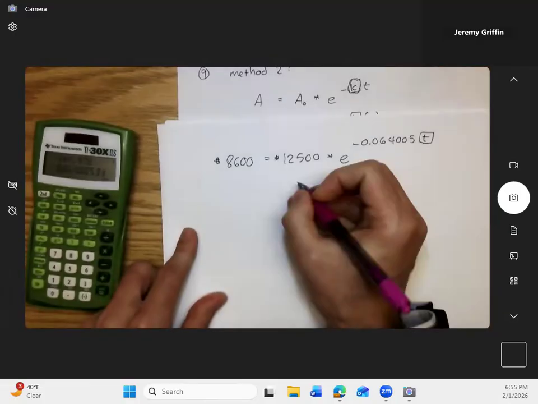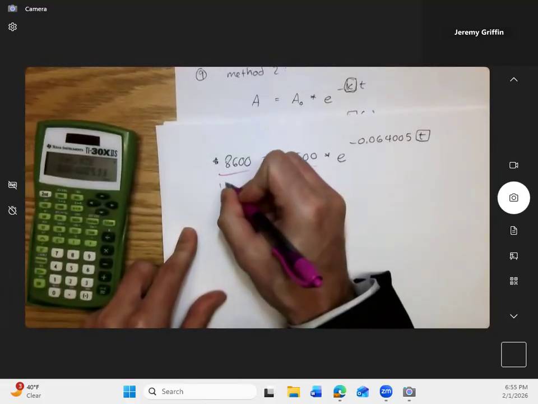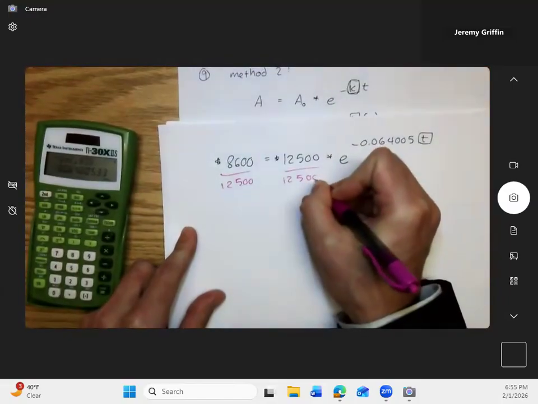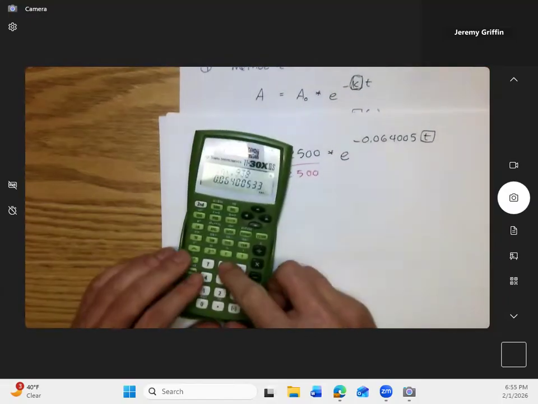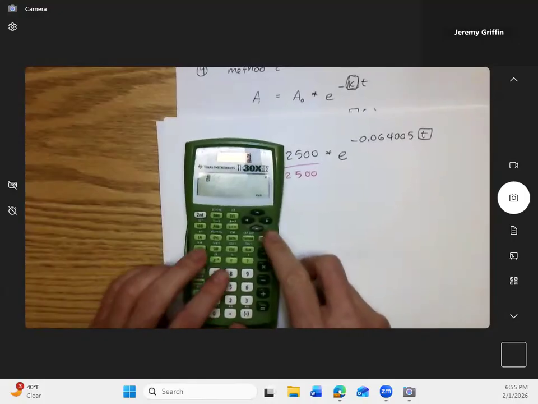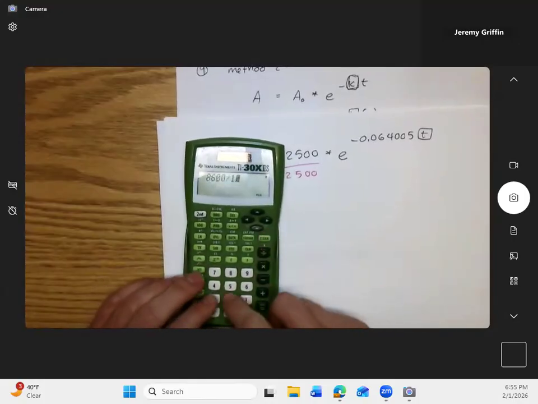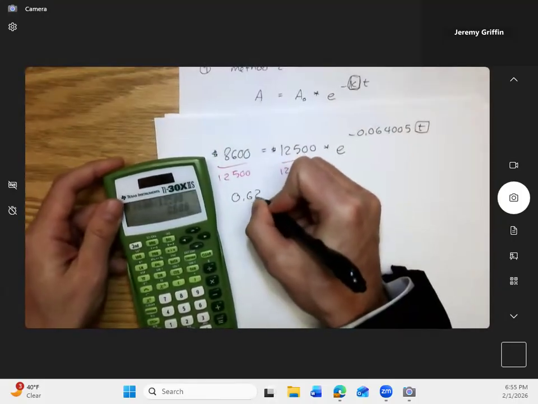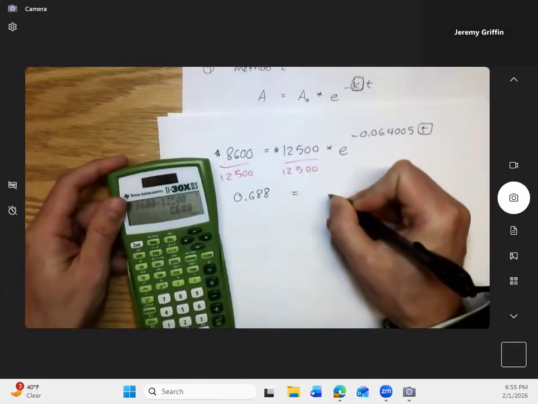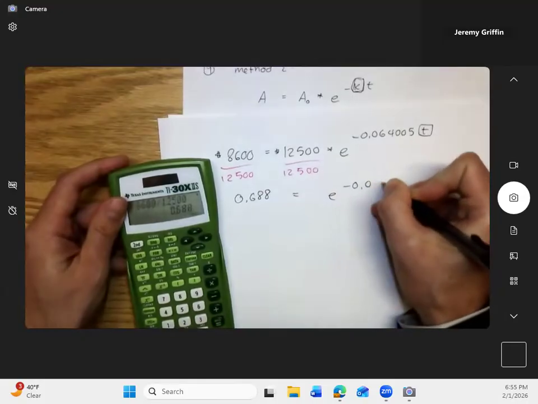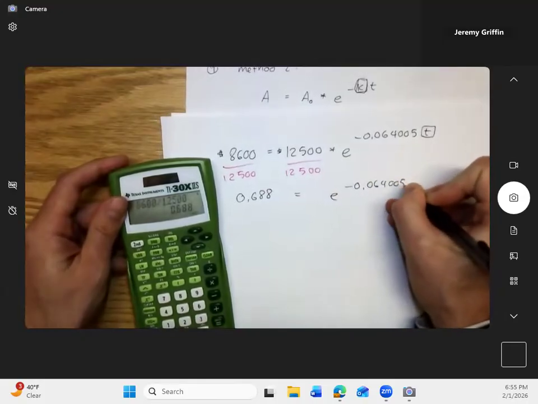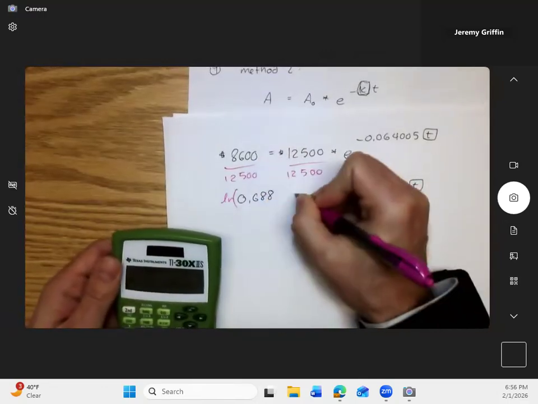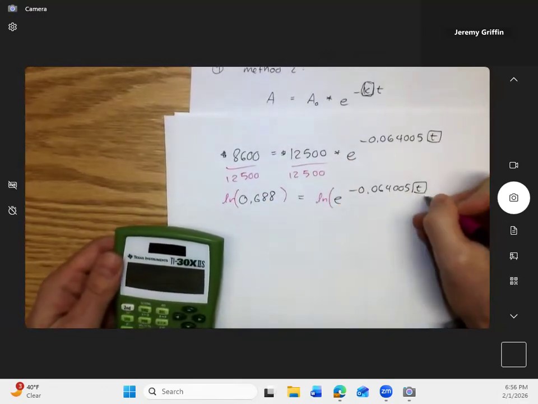Same first step, divide this down by 12,500. So 0.688 equals e to the that. Take the natural log of both sides.